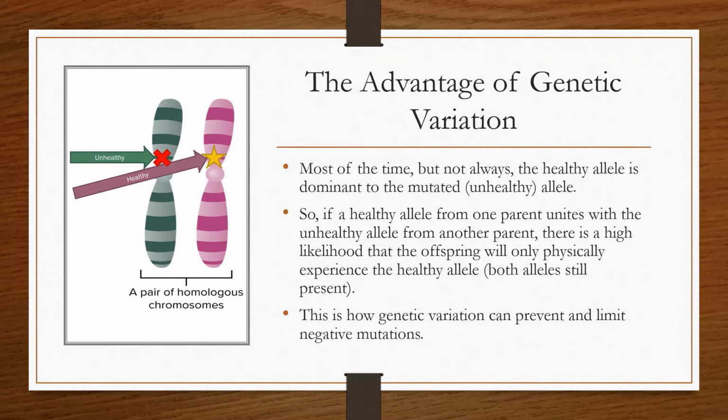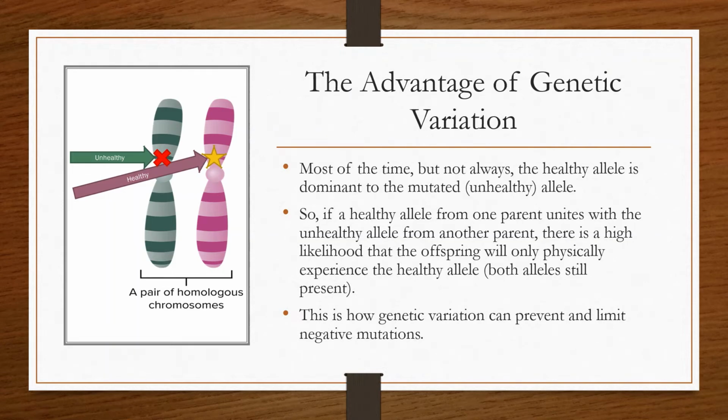So it doesn't matter what the other allele is, if there's at least one dominant or healthy allele, the other allele could be unhealthy or mutated, but if it's recessive, the only thing you as the organism experience is the healthy dominant allele.